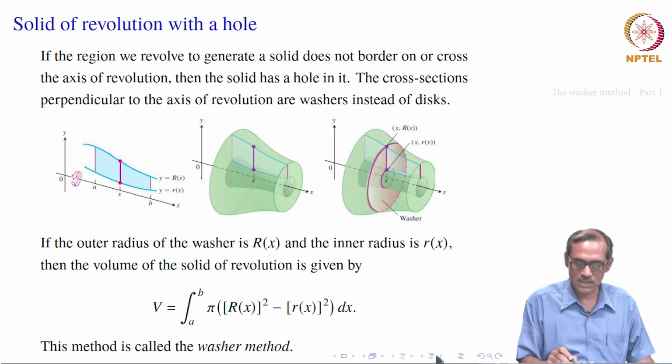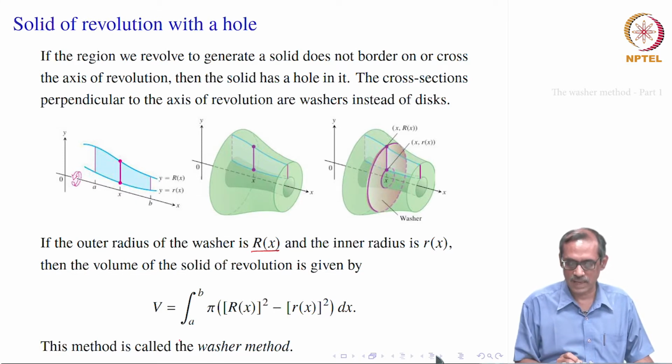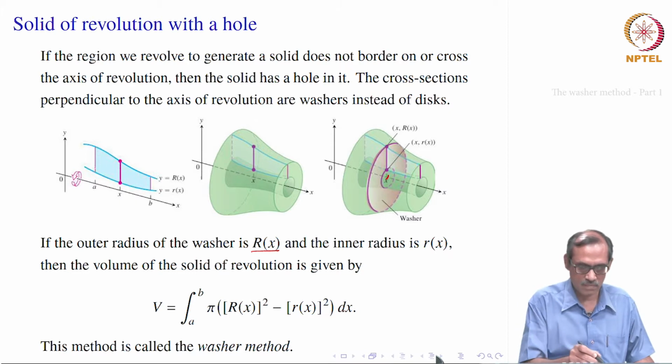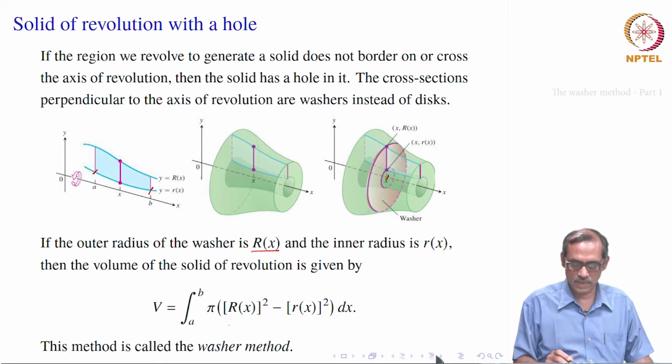So, if the outer radius of the washer is capital R(x), which is measured from the axis, and the inner radius is small r(x), then the volume of the solid of revolution with that hole will be the integral from a to b, where a to b are the limits of that region, of pi times R(x) squared minus small r(x) squared, integrated with respect to x.